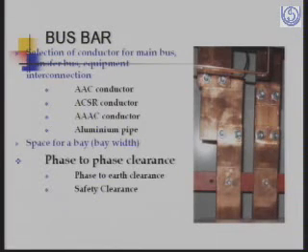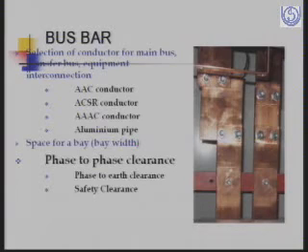And the next major equipment for a substation is a bus bar. And the bus bar may be made of a conductor or an aluminium pipe. The conductor may be all aluminium conductor, all aluminium alloy conductor, aluminium conductor steel reinforced, and the choice will depend on the type of reliability you want to have in the substation and the cost and the current to be carried by the conductor or the bus.